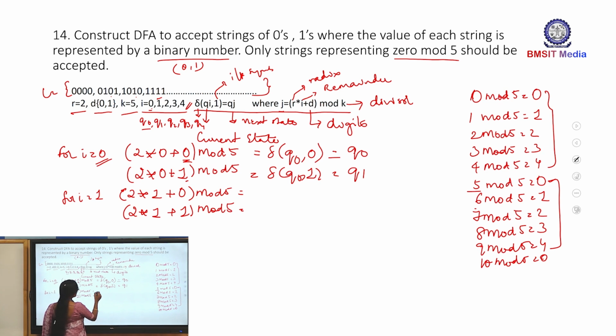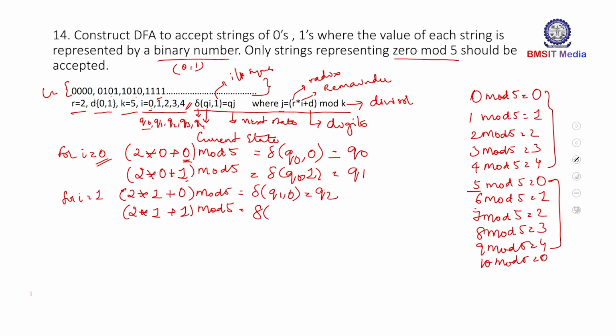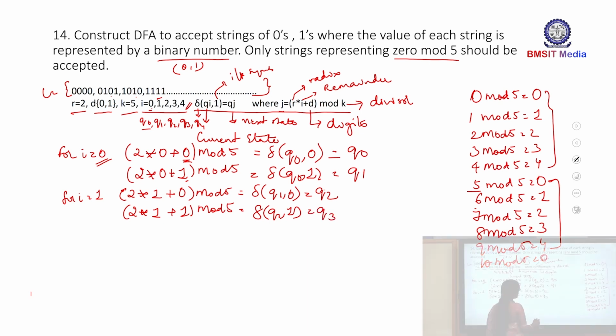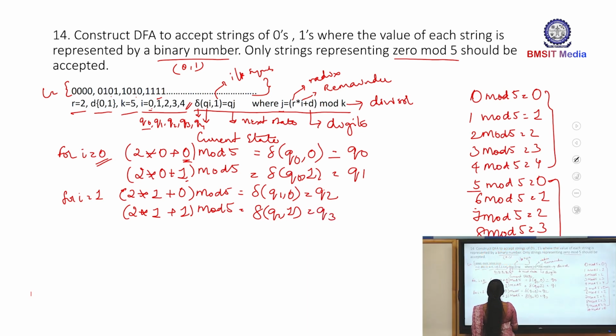In this case, I'll write the transition as delta of Q1 on seeing a 0. This is the same as 2 mod 5, and 2 mod 5 is 2, which is Q2. And then here we have delta of Q1 on accepting a 1. In this case, it is 3 mod 5, and 3 mod 5 is Q3. Okay. Similarly, we'll compute for the others.